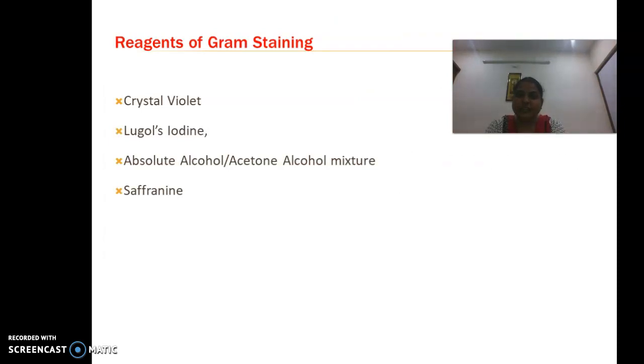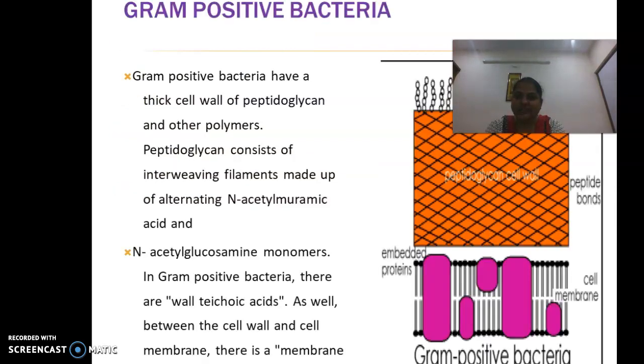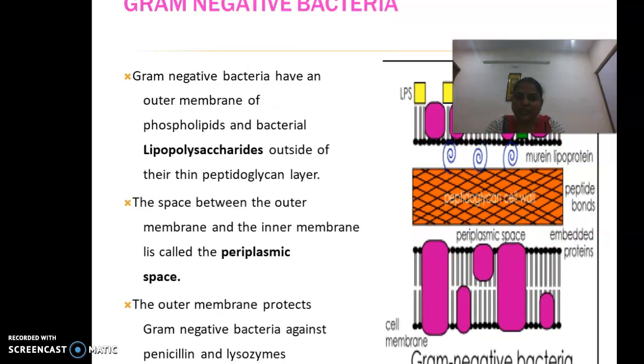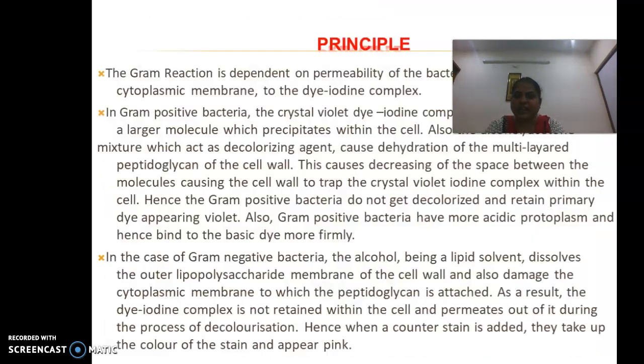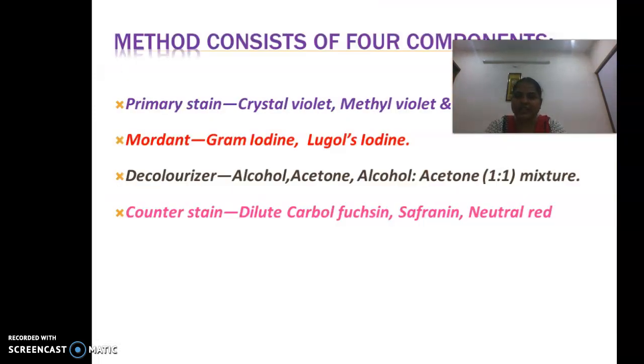Gram staining uses crystal violet, Lugol's iodine, acetone alcohol mixture and safranin. The cell walls of gram positive and gram negative bacteria differ, and that is why there is a difference in staining.